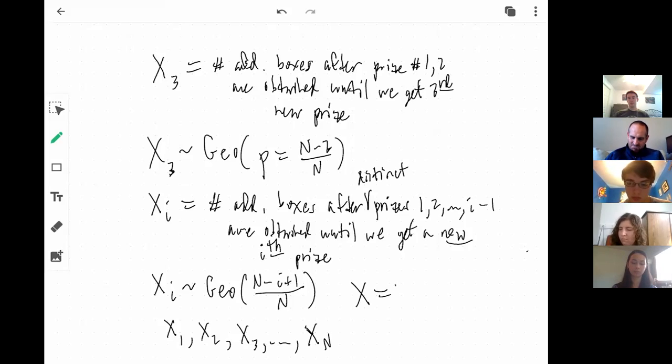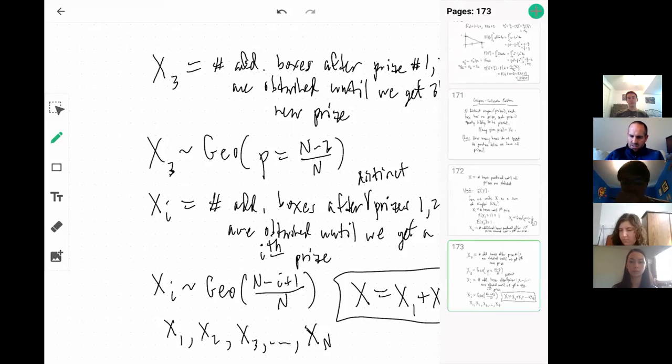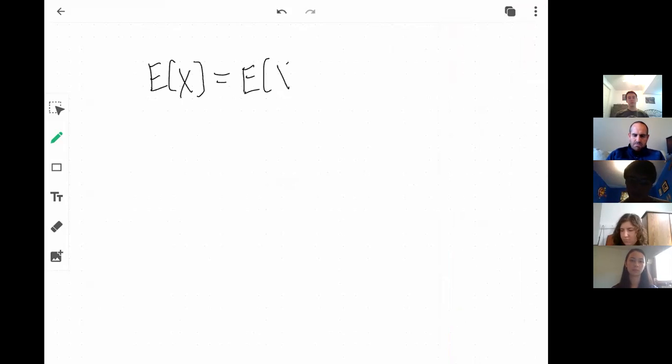It's the sum. Yeah, it is the sum of those things. Therefore, look, if we want the expected value of x, this is going to be the expected value of this sum.